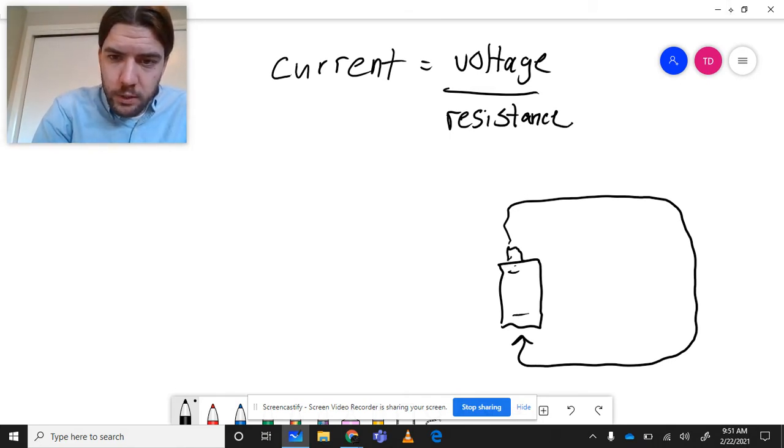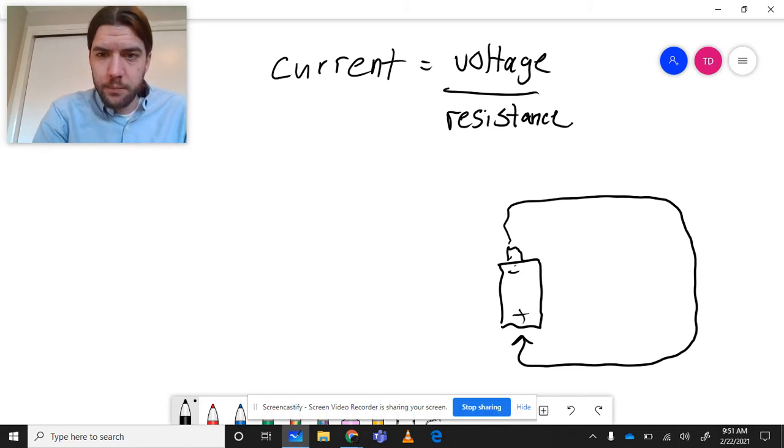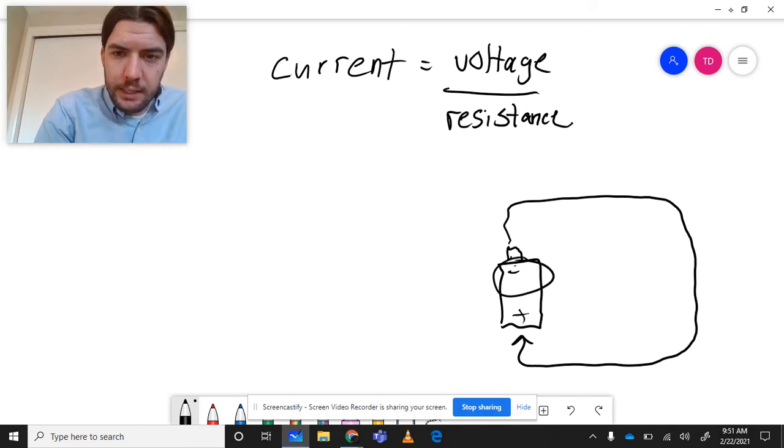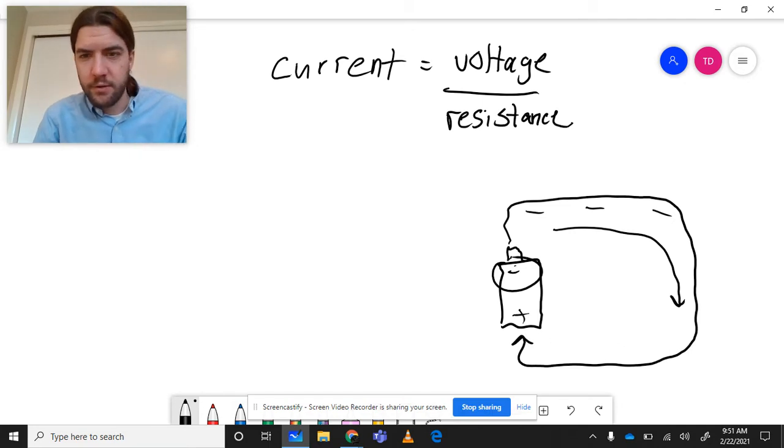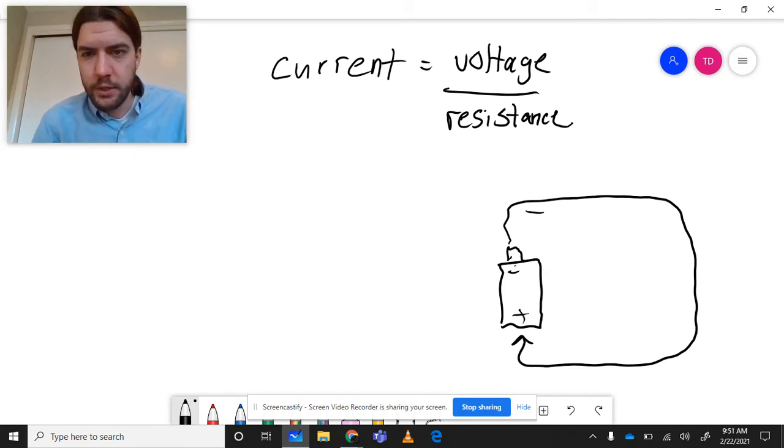So really, it would have been much better if batteries were labeled this way, because it's the little negative charges that get pushed away from each other and attracted to the positive end. Unfortunately, that's not the way they labeled them originally, and it leads to all sorts of confusion for physics students.